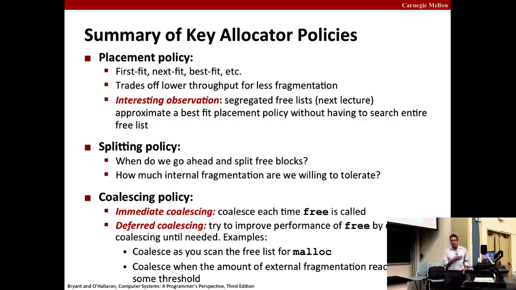Maybe as you scan the free list trying to place an allocated block in response to a malloc call, you could go ahead and do the coalescing at that time. Right, so I'm not saying which one is better. It's really hard to argue for deferred coalescing, given the constant time performance of boundary tag based coalescing. But it is an option.